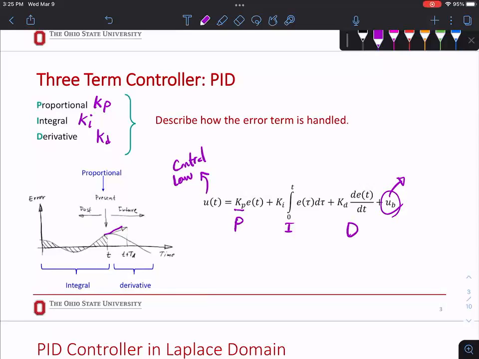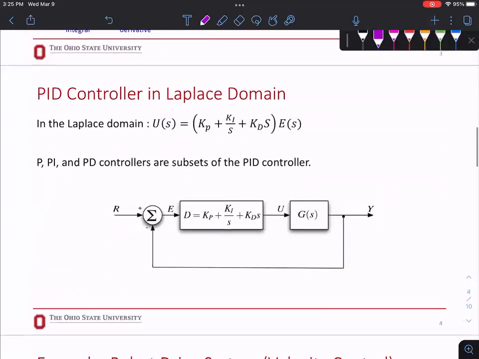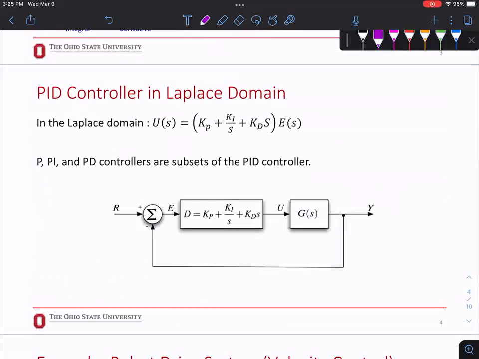All right. Now, these are all in time domain, right? We don't like the time domain. We do things in the S domain because we want to use MATLAB and Simulink. That's why we like S. Otherwise, the time domain is just fine.